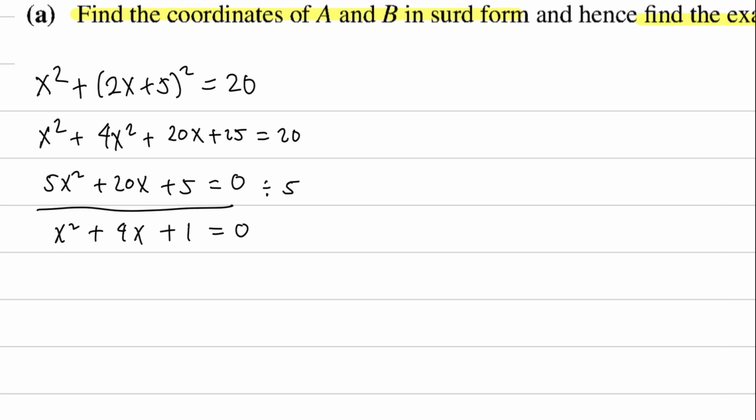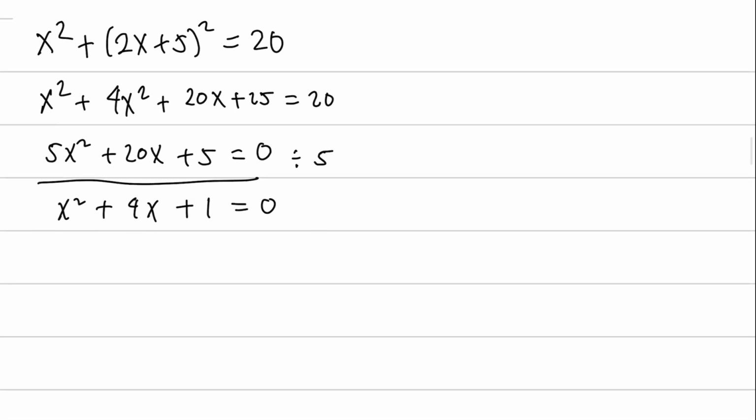So you can either use the quadratic formula or you can use the completed square form. So let me use the completed square method. For x, we divide by 2, so it becomes (x plus 2) squared. And we expand, we check: (x plus 2) squared equals x squared plus 4x plus 4.